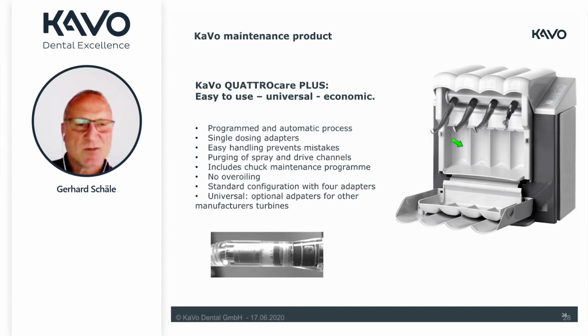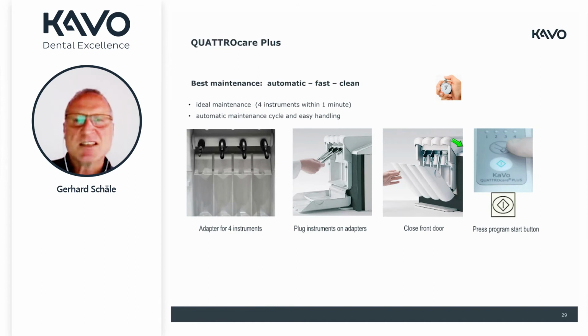I just want to show it. The system works that way that we have here in the side a small spray can. When the oil is going out of the spray can bottle, it will be mixed up with air under pressure, and this foam, this oil foam, will be pressed through the instrument, and this oil foam with pressure is the cleaning effect.